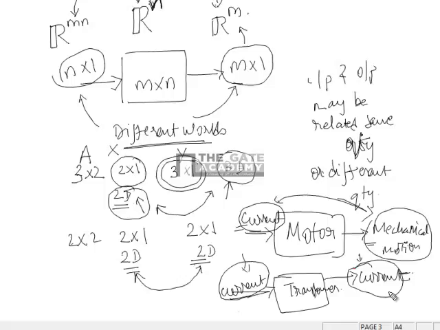That's what, in mathematical terms, it says. The input may be in 2D, output may be in 2D, here 2D and 3D. And also, the way the input and output are related is described by the system matrix A. So these are all very, very important points we should understand from this discussion.